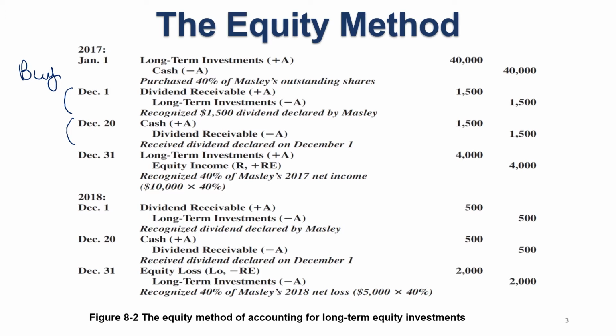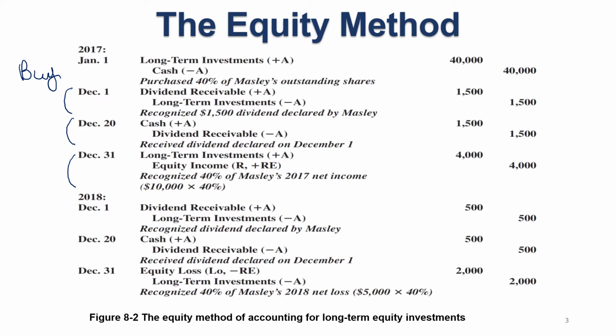And then at year end, you're going to take a portion of the company's net income and multiply it by your proportion ownership and increase your long-term investment account and also credit equity income, which is a revenue account on your books.